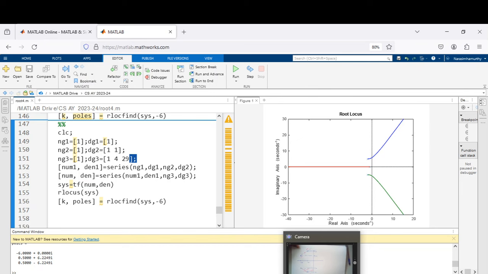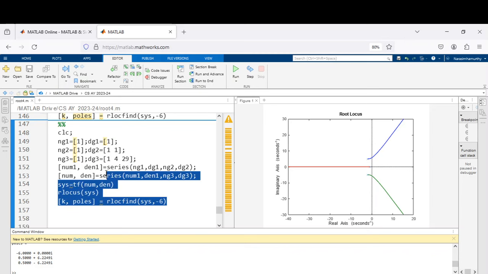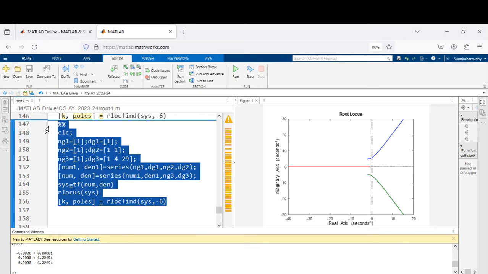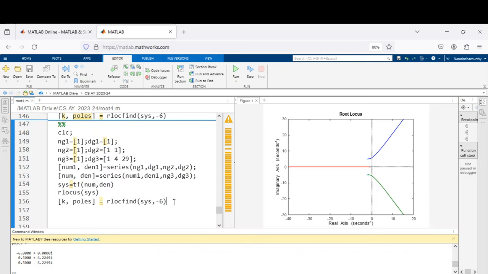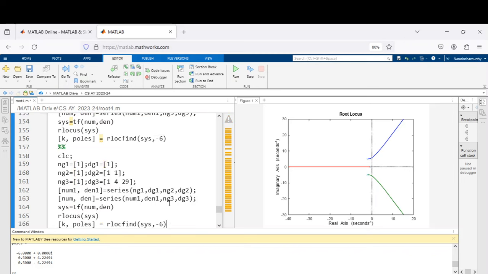So let us see the MATLAB code of the same. I'll just copy paste this and slightly alter it here itself. Now this is s square plus 4s plus, this is actually 4 plus 9, which is 13.